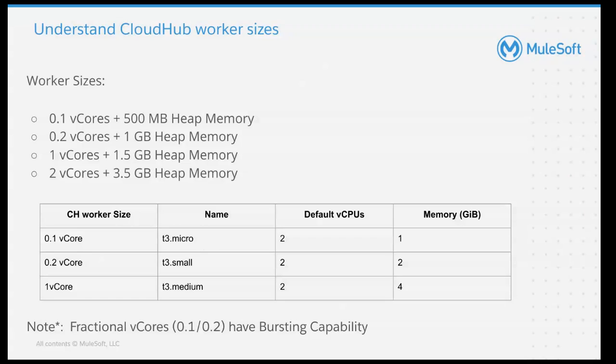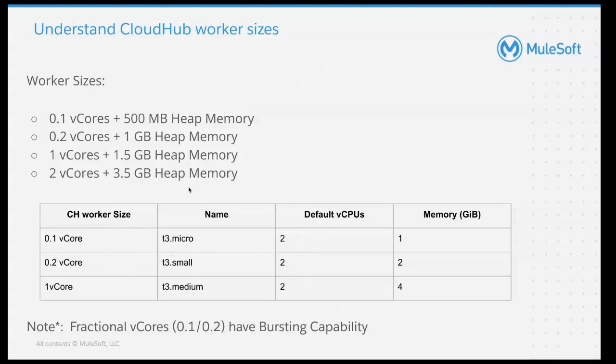The instance in the background that we spin up in AWS is a T3 micro, while for 0.2 vCore we have a T3 small. Usually we'll have two CPUs. That's something that most of our customers don't know, that the AWS instance has two CPUs, and sometimes they see better performance in CloudHub. It's just not fair to compare on-prem one core performance to CloudHub. I get a lot of questions around that. The architecture is different, and there are a lot of factors to consider when you're doing performance benchmarking.